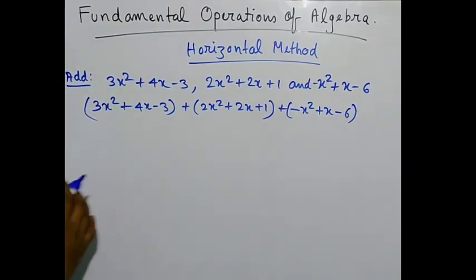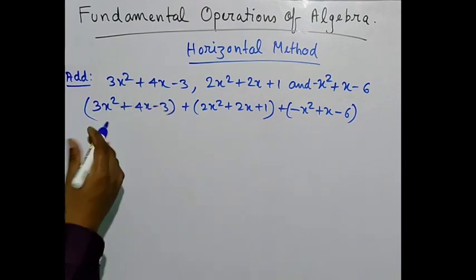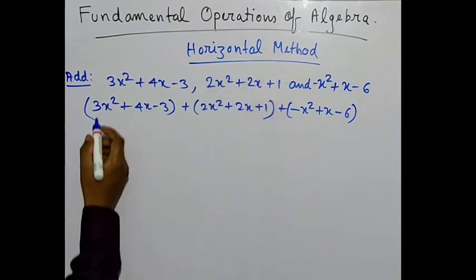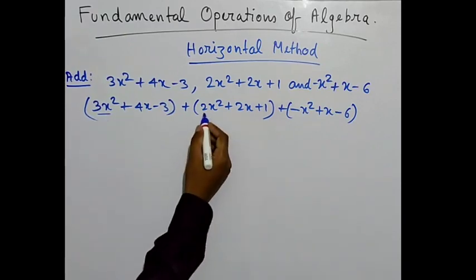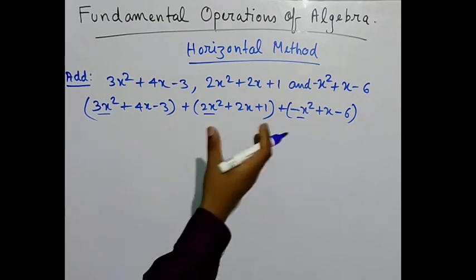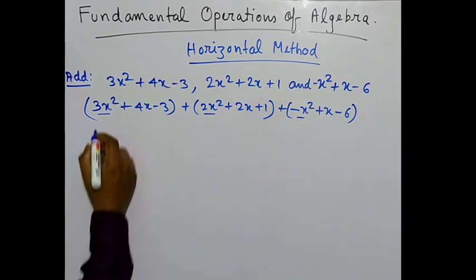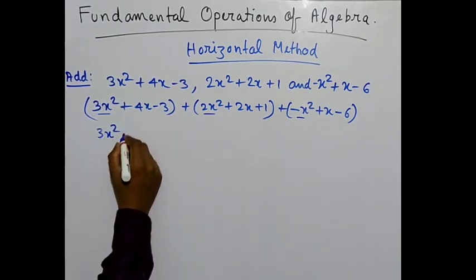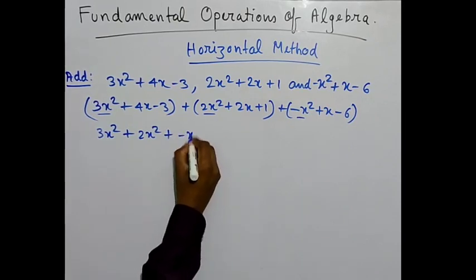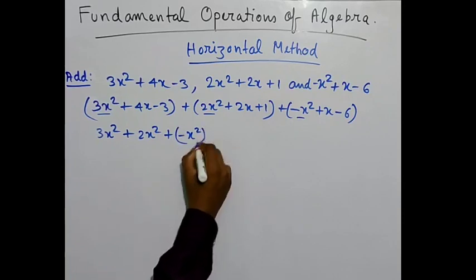Now remember how we used to add the terms. We were adding the like terms together. So here also we are going to add the like terms in each of these algebraic expressions. So here we have 3x square, here we have 2x square, here we have negative x square. So they are like terms, so we can group them together and add them. So 3x square plus 2x square plus negative x square.